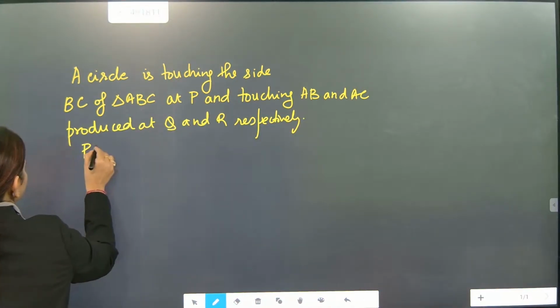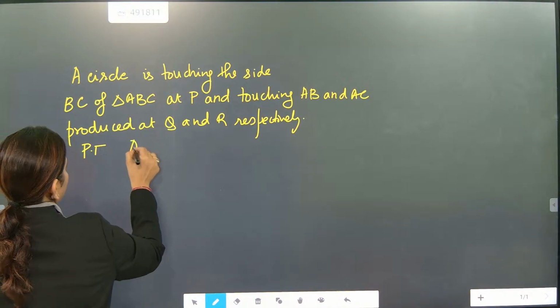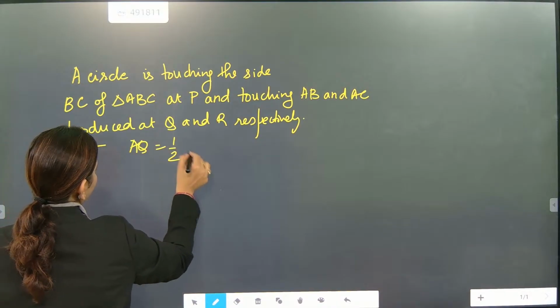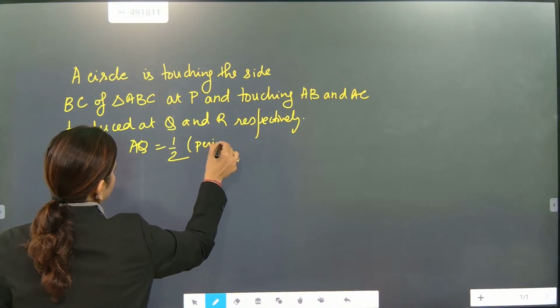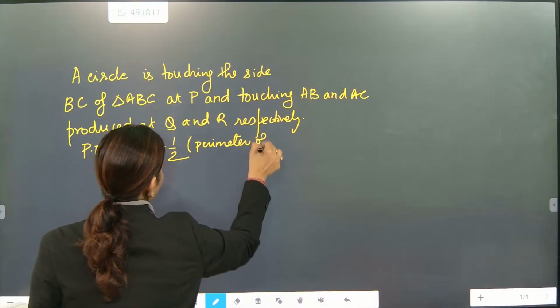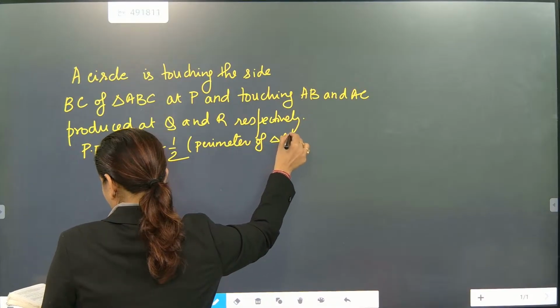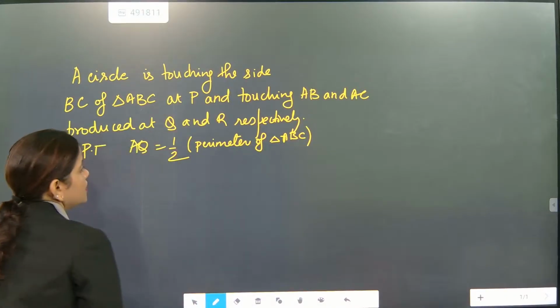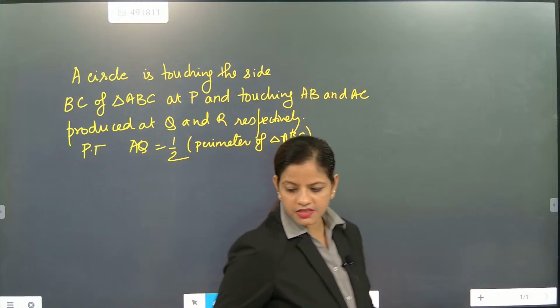Prove that AQ is equal to half of the perimeter of triangle ABC.